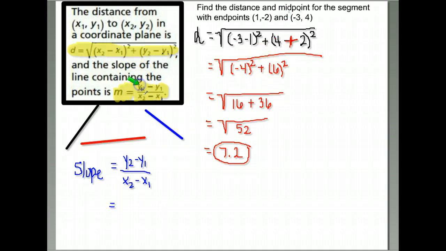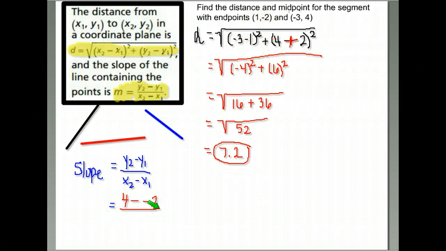The formula says to do y2, the y from the second point. The y value was 4. So I have 4 minus my y1, the y from my first point, which was -2.